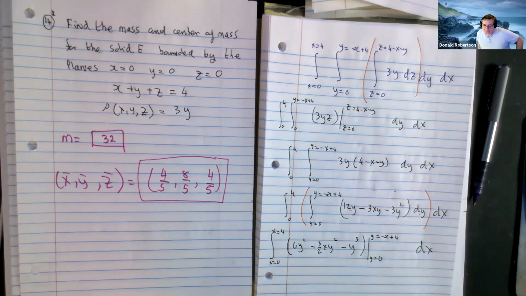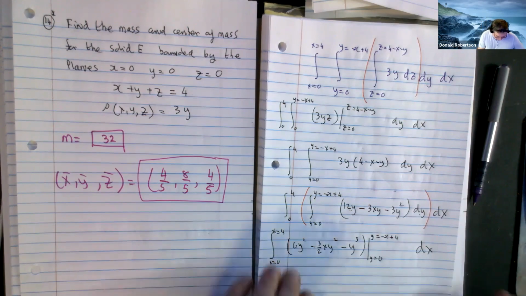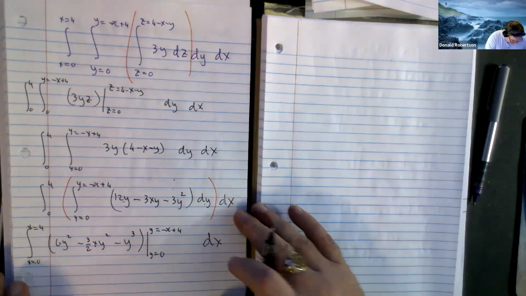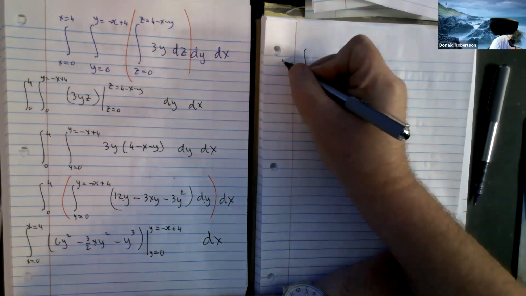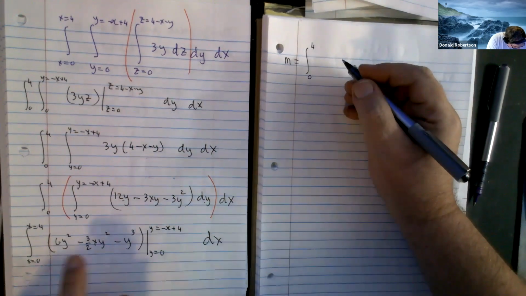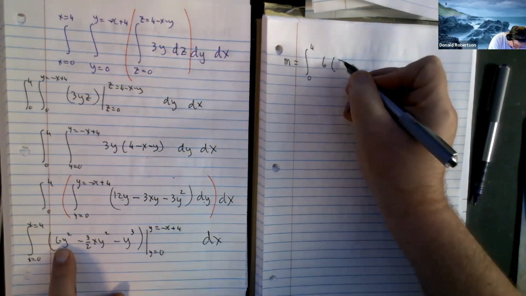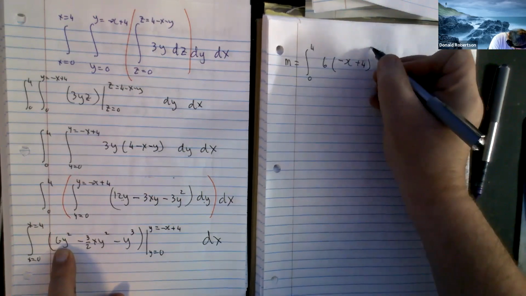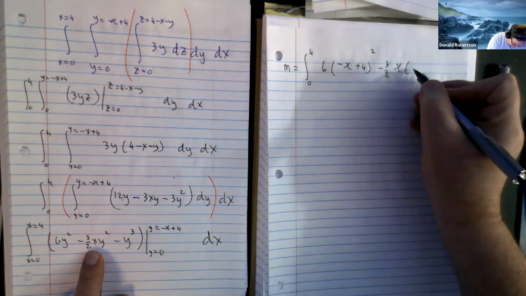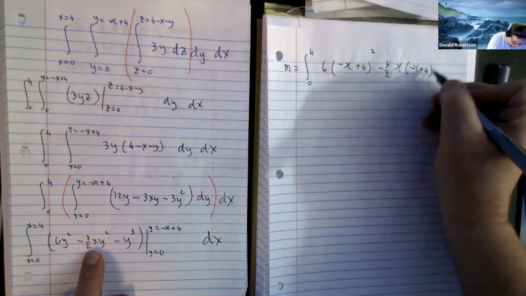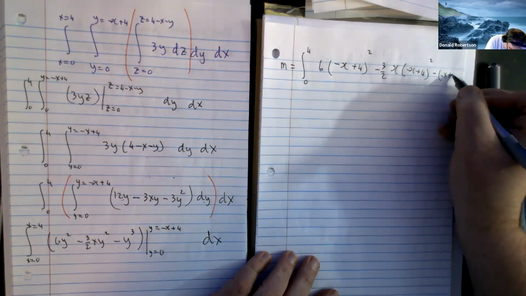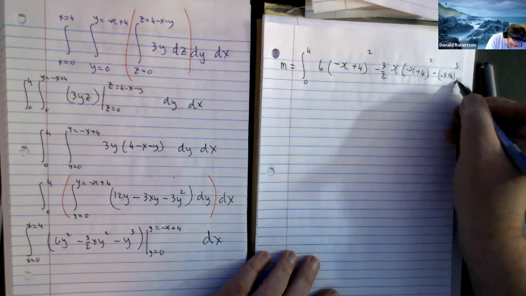We'll do that. You're going to get 6 lots of (negative x, add 4) squared. Take away 3 upon 2 x, (negative x, add 4) squared. Take away (negative x, add 4) cubed dx.